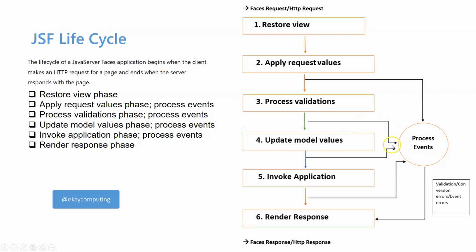In case of validation, for example you are validating length or a regular expression, but there is a problem with the data, JSF will return an error message. So process events will be executed after each phase, and it will come up with validation, conversion errors or event errors if there are any, and display the error message to the user on the same screen. Don't worry guys, we'll see each and everything working in the coming videos during the demo session.